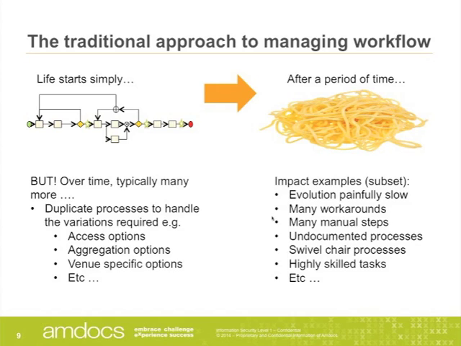And the impact to the business is that evolution then becomes painfully slow. You have to implement many workarounds. You have many manual steps in the process. Documentation starts to fall by the wayside, so you get undocumented processes. You get quite a lot more swivel chair, and that means guys working between multiple systems and having to transfer information manually from one to the other.